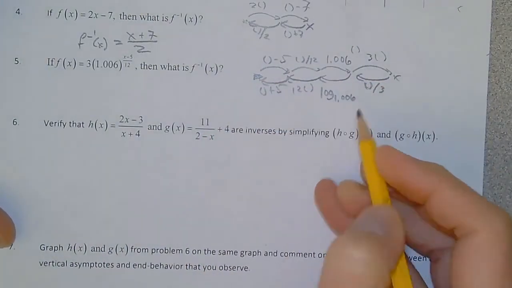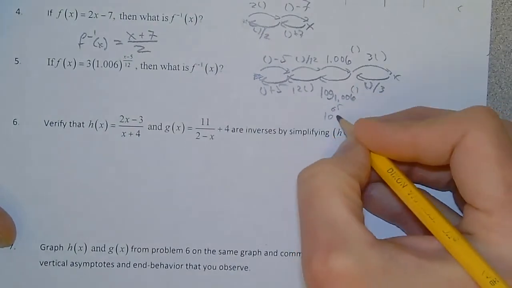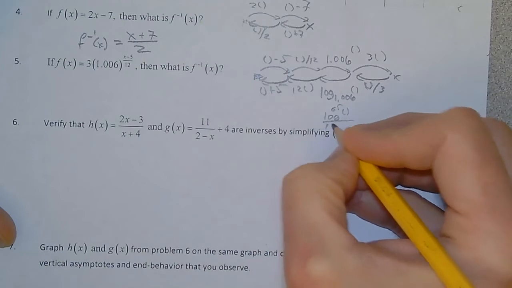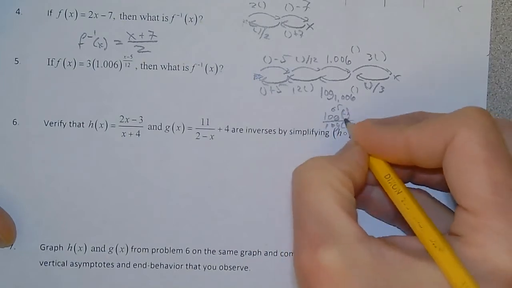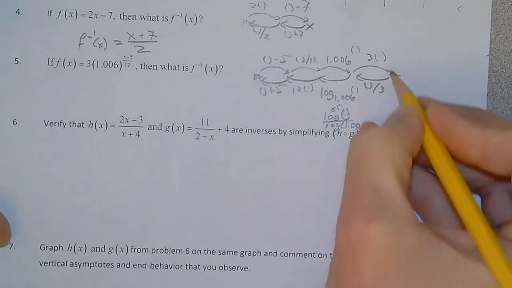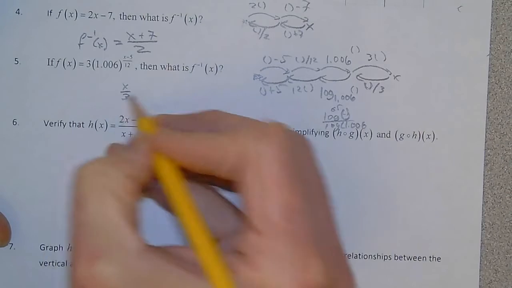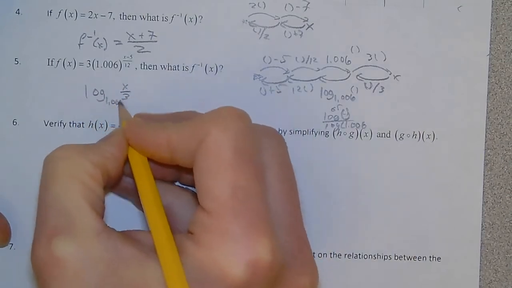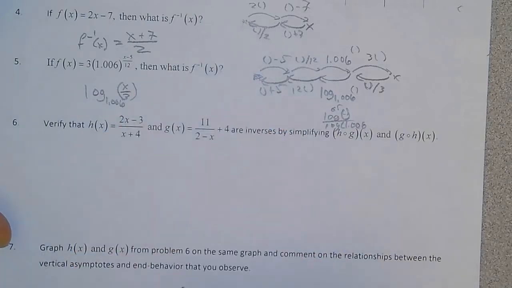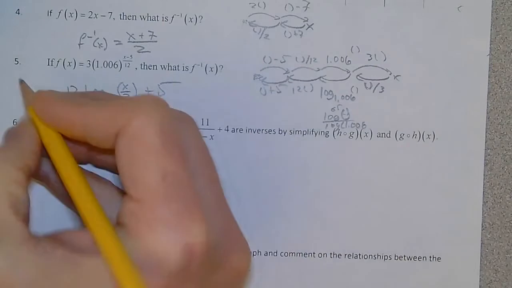We know that we could write that as that, or we could do it as log of divided by the log of 1.006. Could do that either way. So to start with the x, divided by 3, put that into a log base 1.006, multiply that by 12 and add 5.